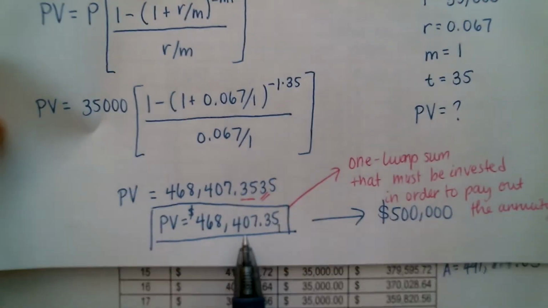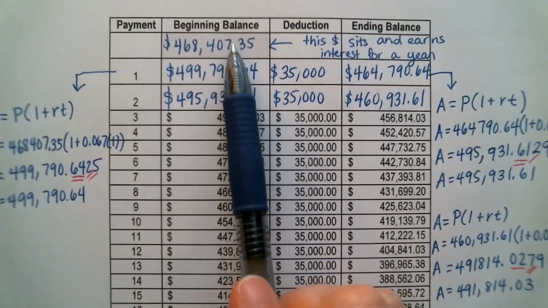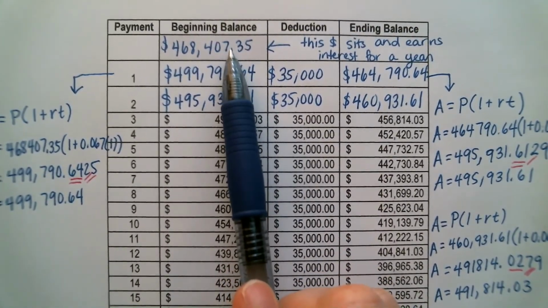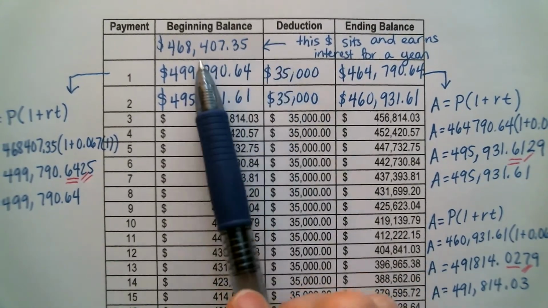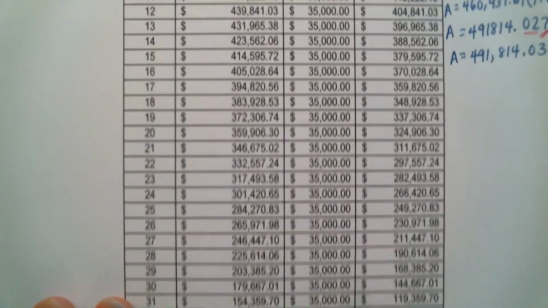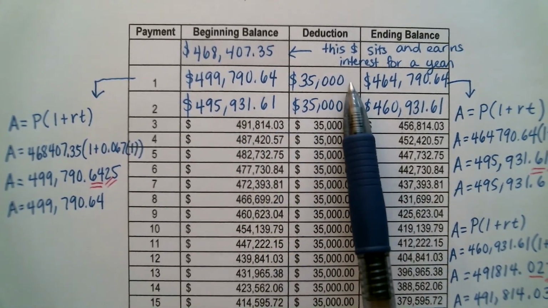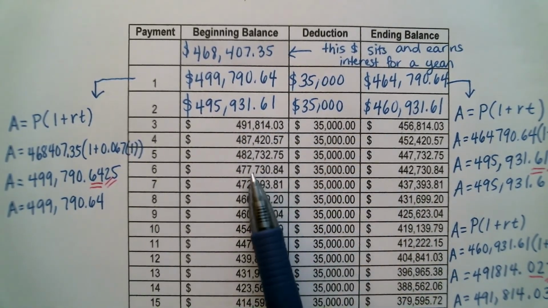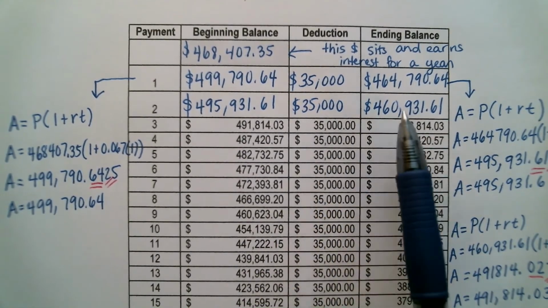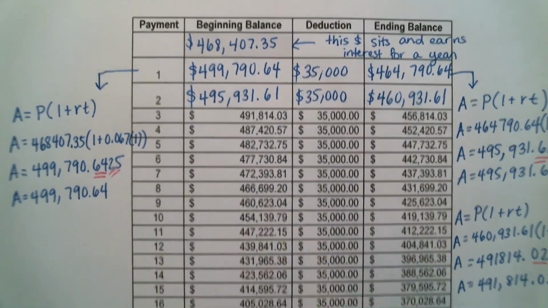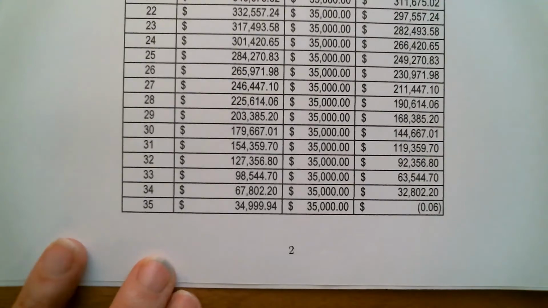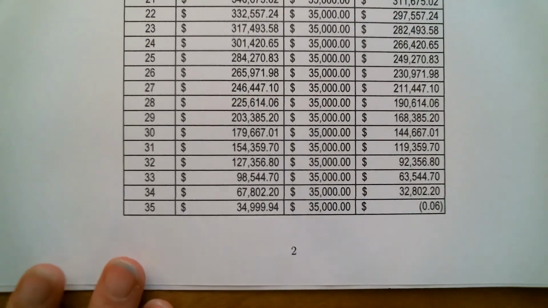This was our answer, the present value. It meant that if we invested this amount, it would pay out the annuity. Because it's going to earn interest, and the interest is covering the $35,000, and what's remaining is still earning interest, and then you make another payment and so on, and the annuity gets paid out and zeroes out your account.